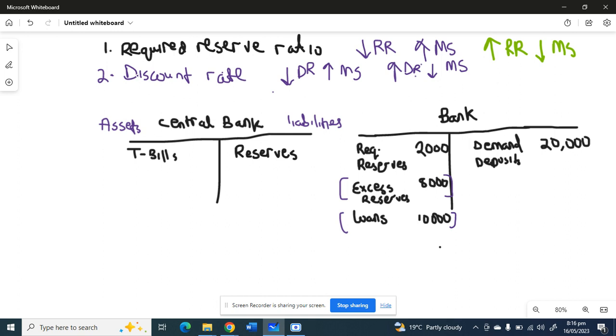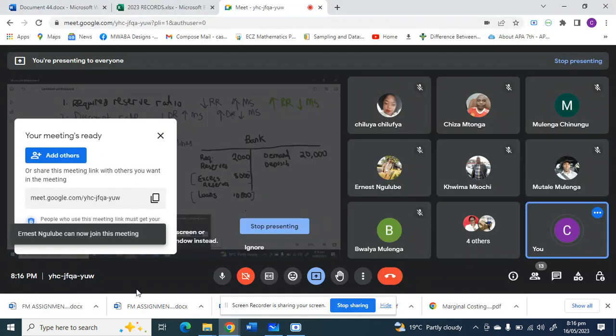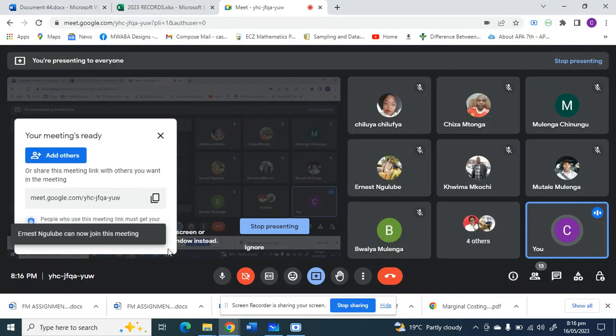Are we okay with this second tool of monetary policy? I think it's best I go name by name because I want to make sure we can start. Madam Chilufya, are we okay with that? The two tools of monetary policy? If you have a question, you can ask.